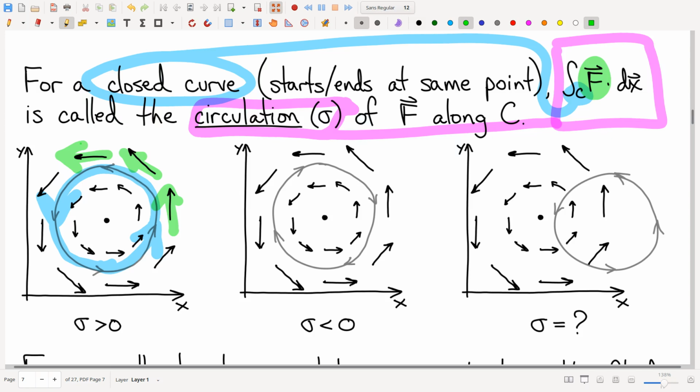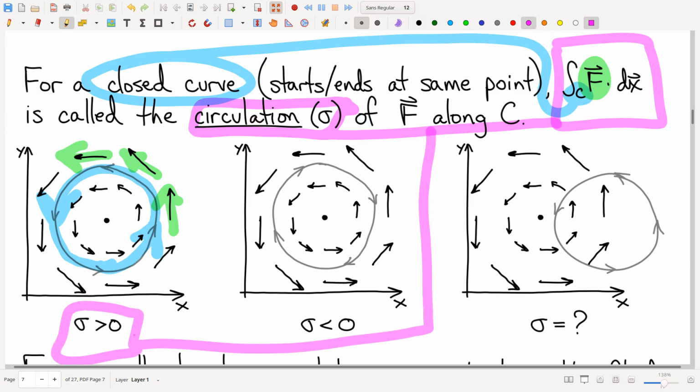And so we should expect that in this case, this thing called circulation would be positive. And exactly how much, we need to know the vector field and the curve. We'd have to parameterize, and so on. You'd have to actually compute it. But just geometrically speaking, this is what positive circulation looks like.